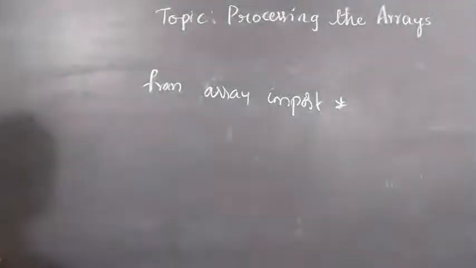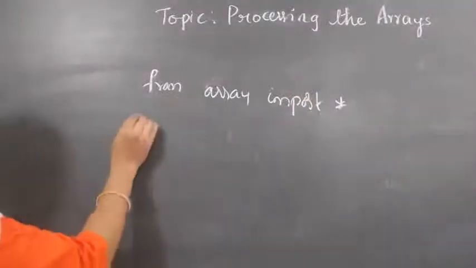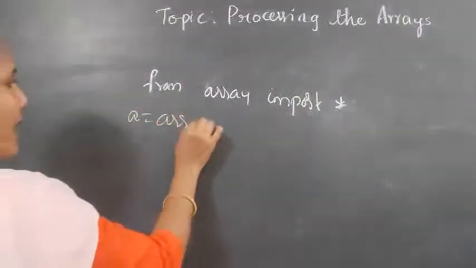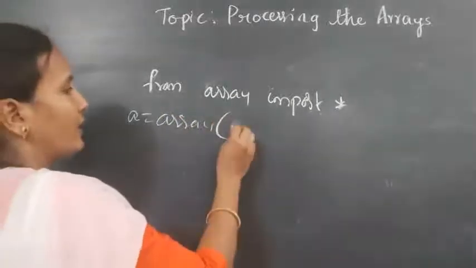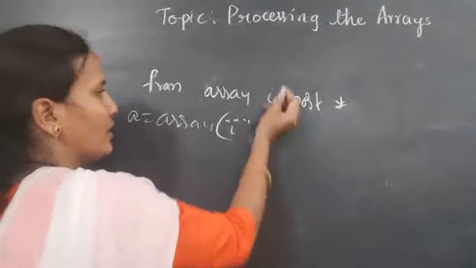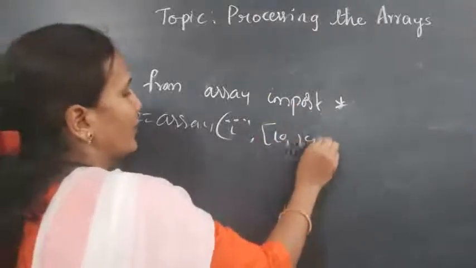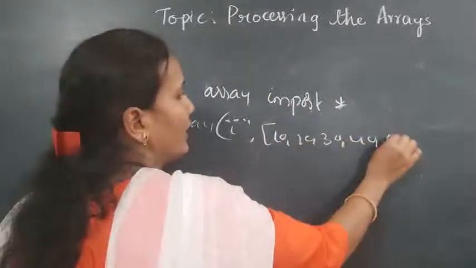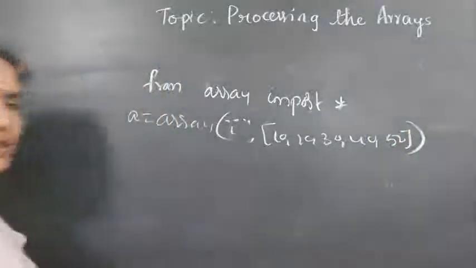Now, after that I will create an array, an integer array. I is the type code, next 10, 20, 30, 40, 50. This is the name of the array.